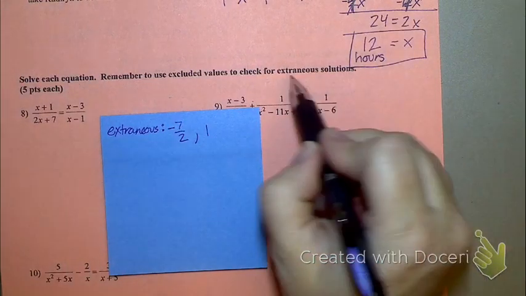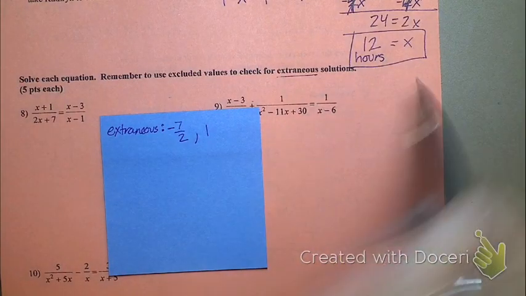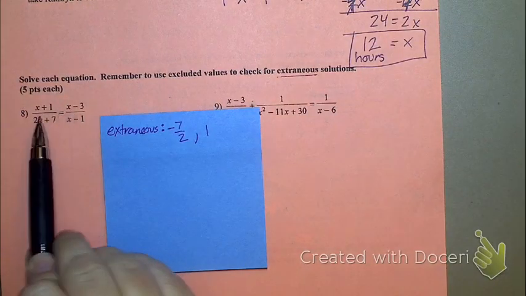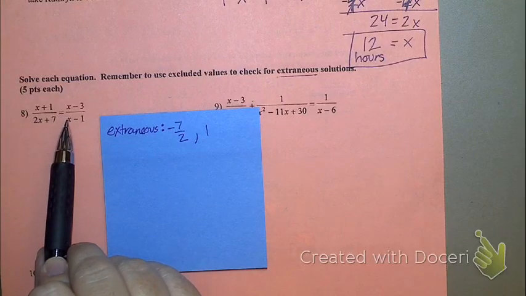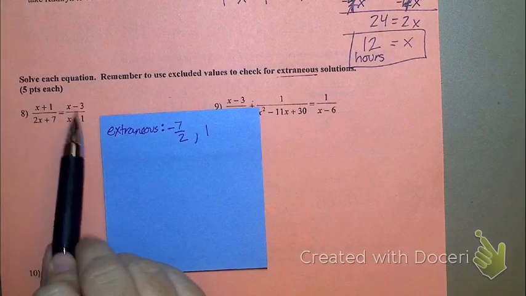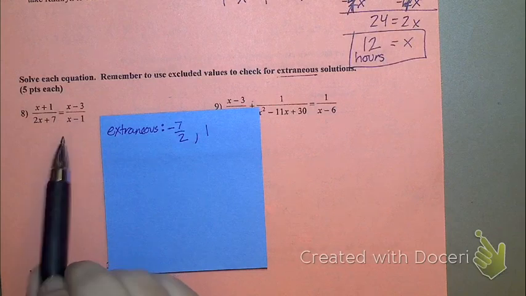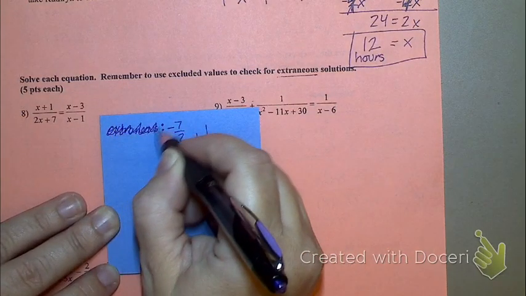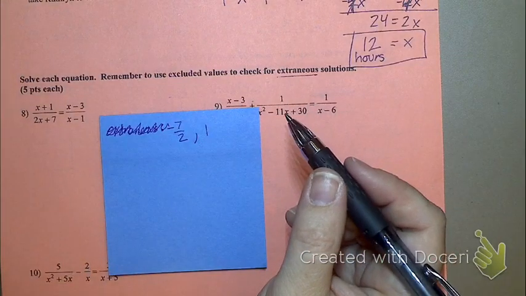Extraneous. That word, right? There's a problem with that. Extraneous means it's a solution that gives you a statement that could work out. However, it gives you that impossible fraction, right? So these are not solutions. They're not extraneous solutions.